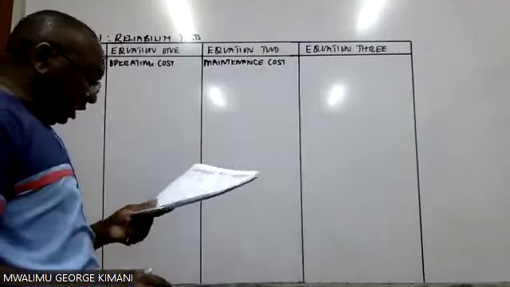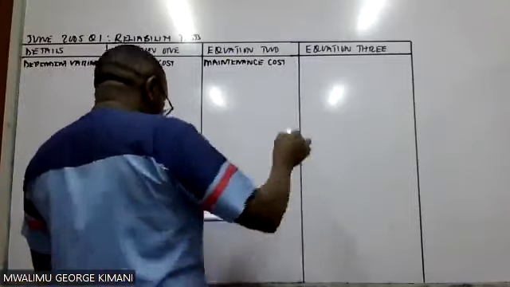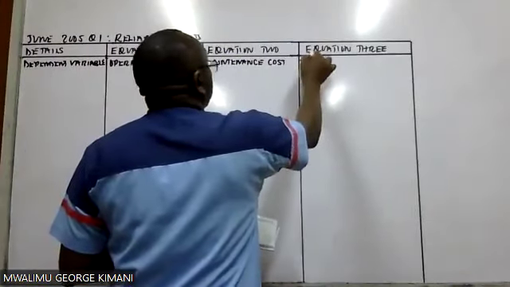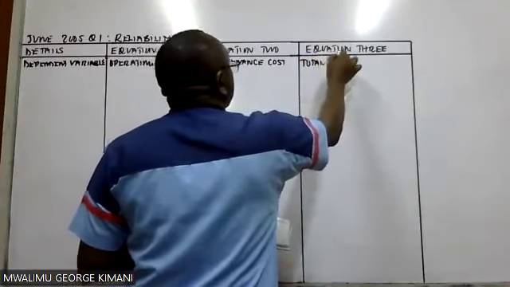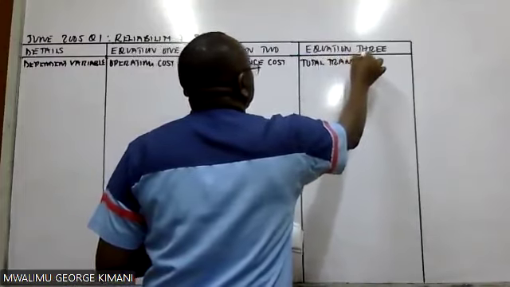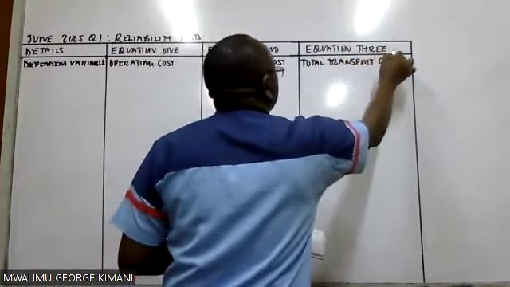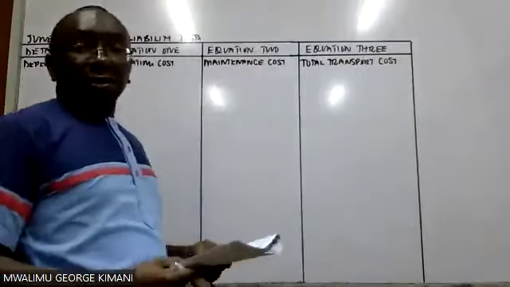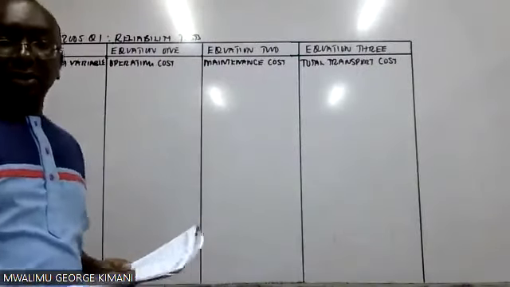And in equation 3, the dependent variable is total transport costs. Those are illustrated there in the question.